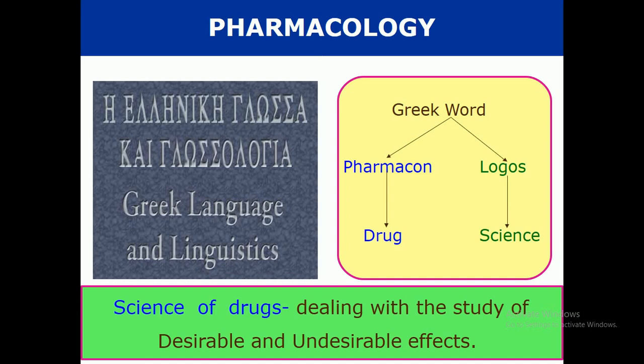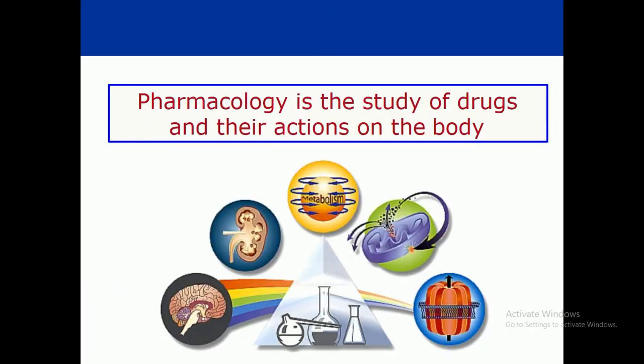Or in other words, it can be defined as the science of drugs dealing with the study of desirable and undesirable effects. So whenever we study pharmacology, we deal directly with the drug, how these drugs can produce different types of effects on the body, which may be desirable or undesirable.